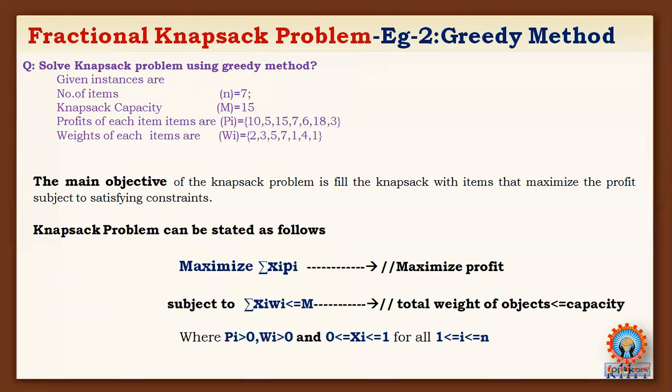The given problem has n number of items. The capacity of the knapsack is 15, and the profits and the weights of all seven items are given here. Now solve the problem using the greedy method. How to solve the problem we will see in this session.